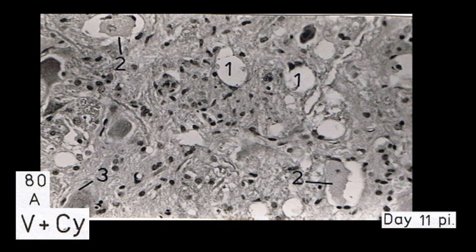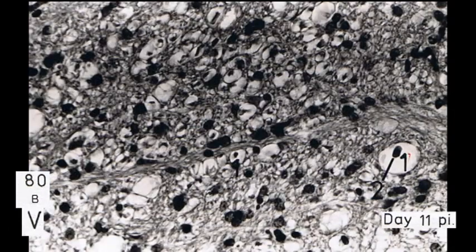We now turn to day 11, and 80A is the virus plus cyclophosphamide. This is the nucleus of the facial nerve. There are spaces of various sizes, mostly due to axonal degeneration, but perhaps some are spaces left by myelin degeneration. In virus only, this is the white matter of the spinal cord.